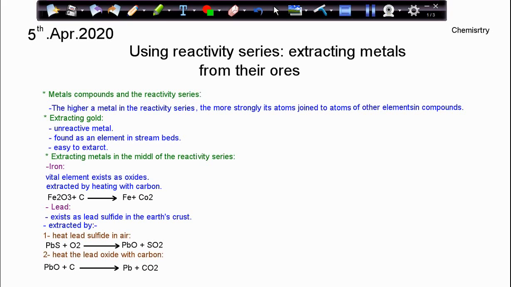Also, lead can be extracted by heating, but not directly, because we have to do this in two steps. First, we need to heat lead sulfide in the air, so atoms of oxygen will join to the lead and form lead oxide. In this way, we can extract it by heating with carbon. So this is step 2, which is heating the lead oxide using carbon to form carbon dioxide and lead.